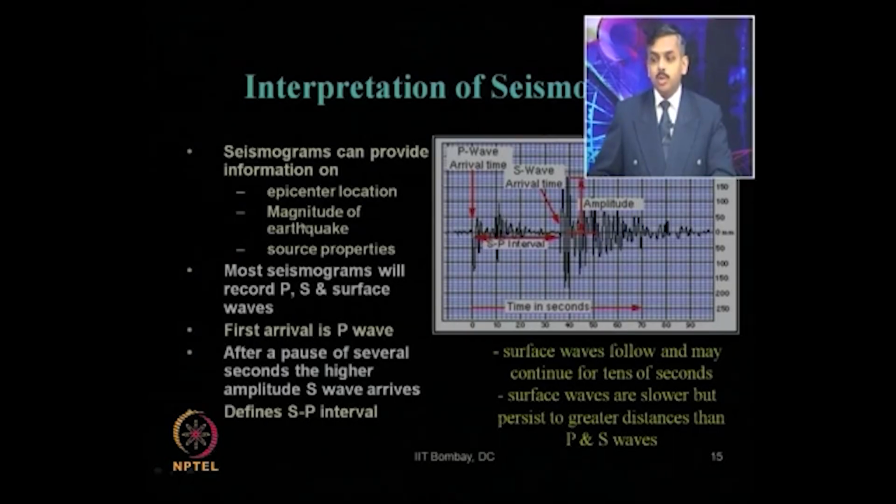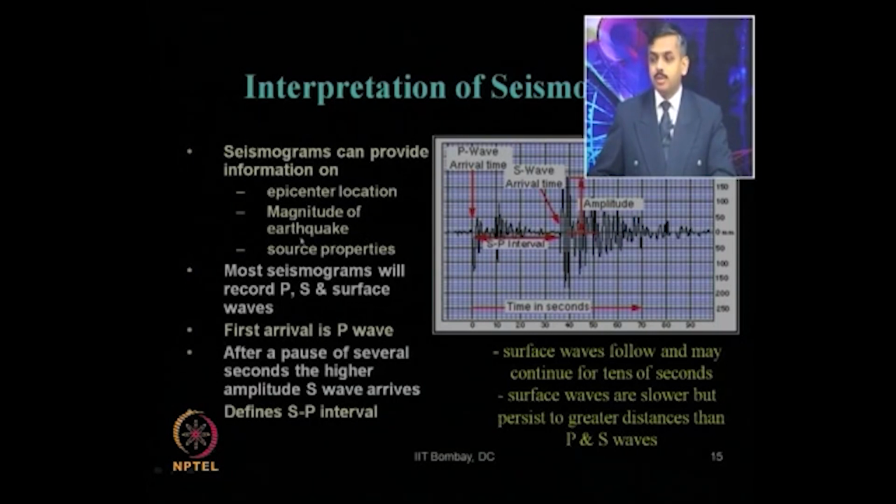From this we can also estimate the magnitude of the earthquake. As we have seen, using a standard Wood-Anderson seismograph, one can estimate the Richter scale using the maximum amplitude value and the arrival time difference between S and P. Using that equation of Richter magnitude, we can estimate the Richter scale or local scale of magnitude.